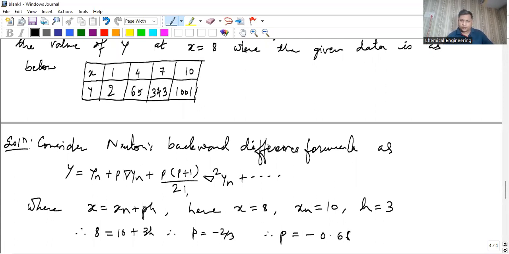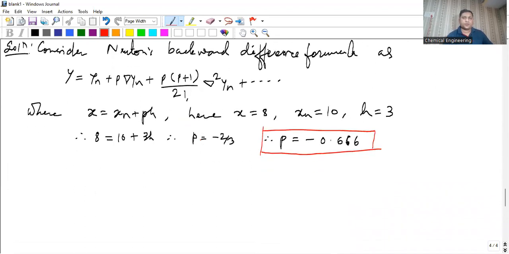So we are using 3-digit accuracy, so we are having this 0.666 for better accuracy. Are you getting this value? Okay.